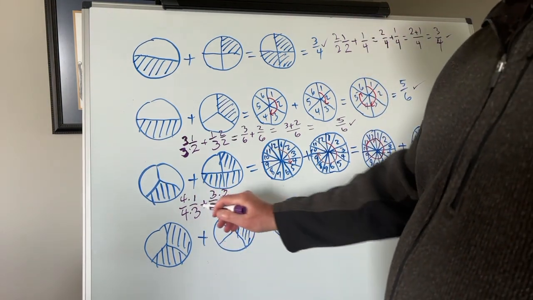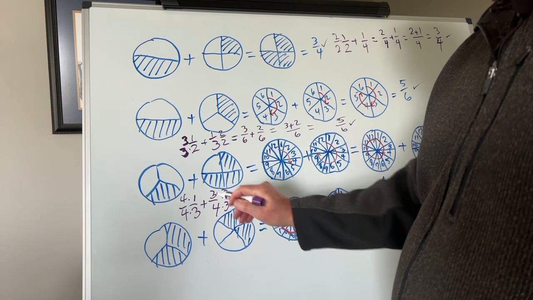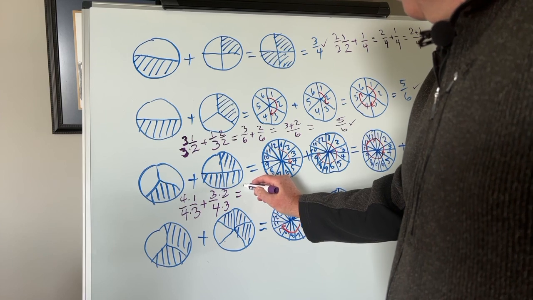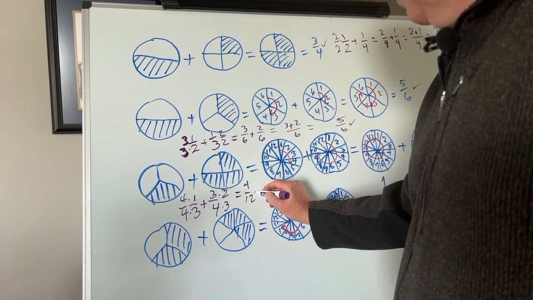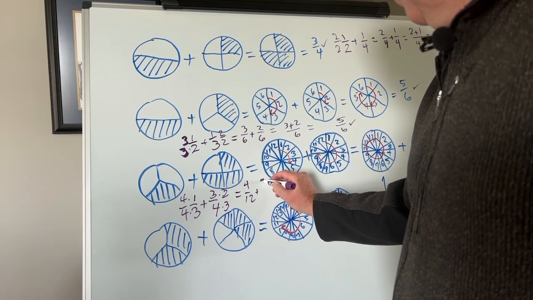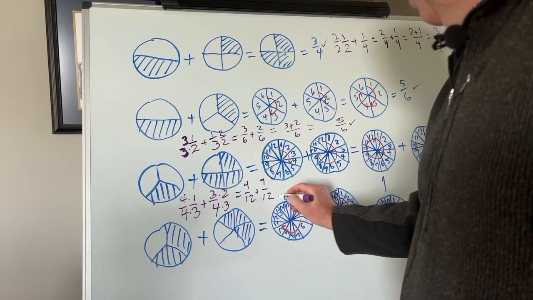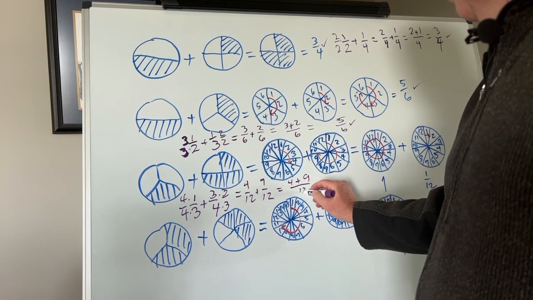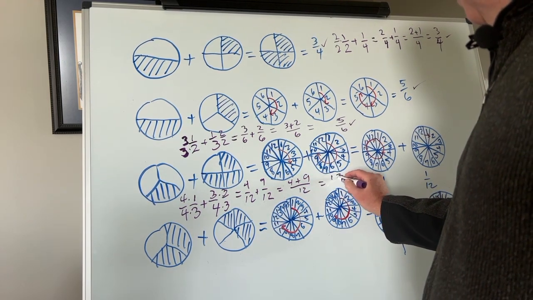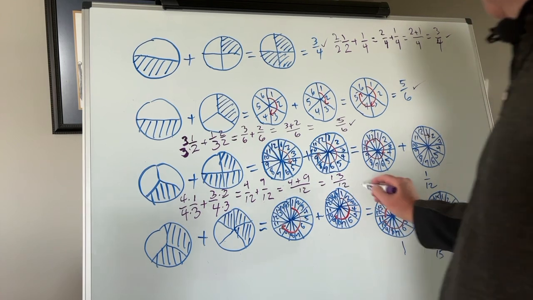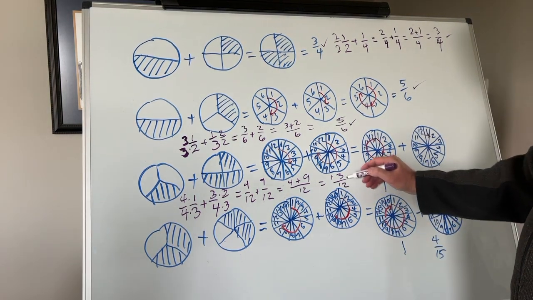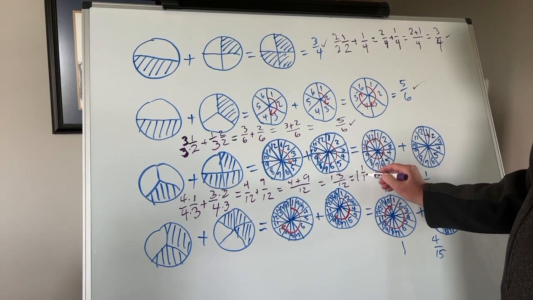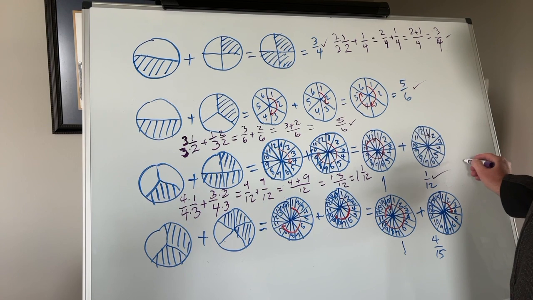And it's still going to be 1/3 and 3/4. Then this is going to be equal 4/12 plus 9/12. And that's going to be 4 plus 9 over 12, which is 13/12, which, if you divide 12 into 13, you get 1 and 1/12, which is the same as we got here.